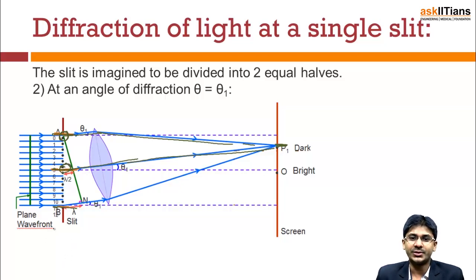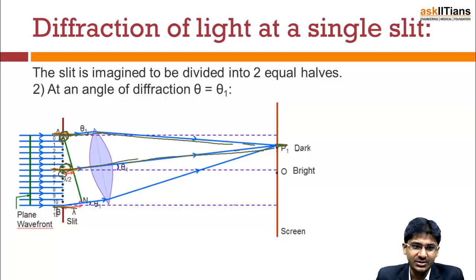Now how do we find the conditions for maxima and minima? Since this is like an infinite number of point sources, for convenience we consider only a finite number here, but actually it is infinite. If the path difference between this and this is lambda, then only it will be a maxima, otherwise it will be minima.